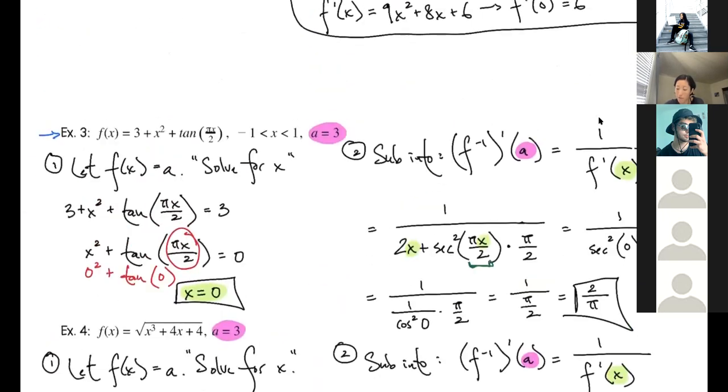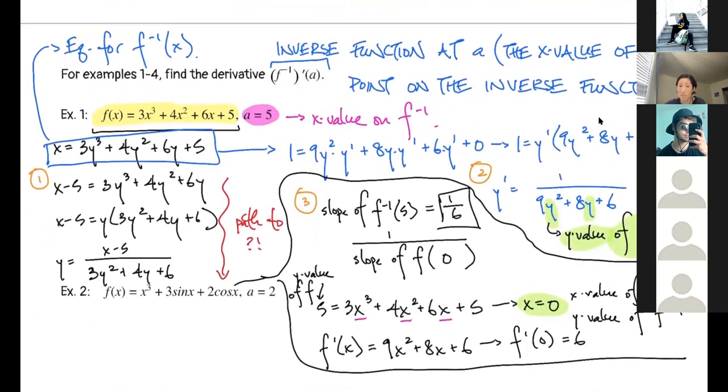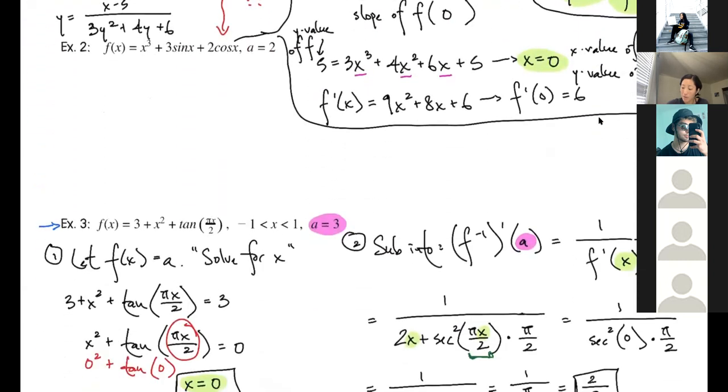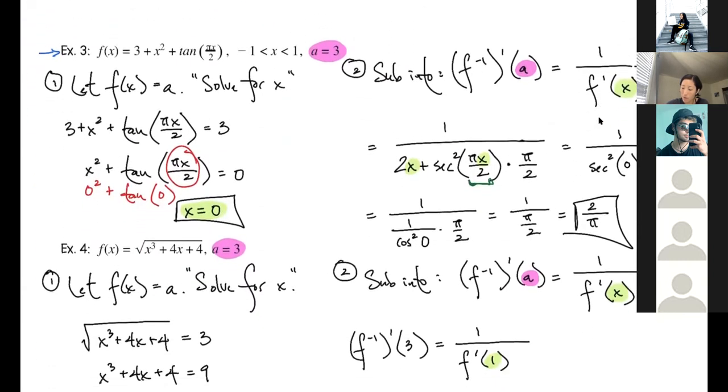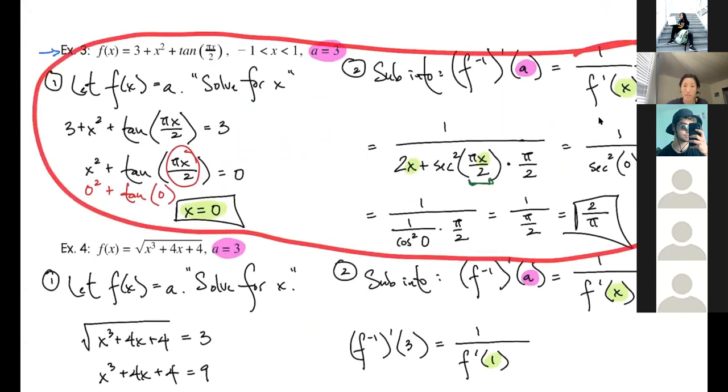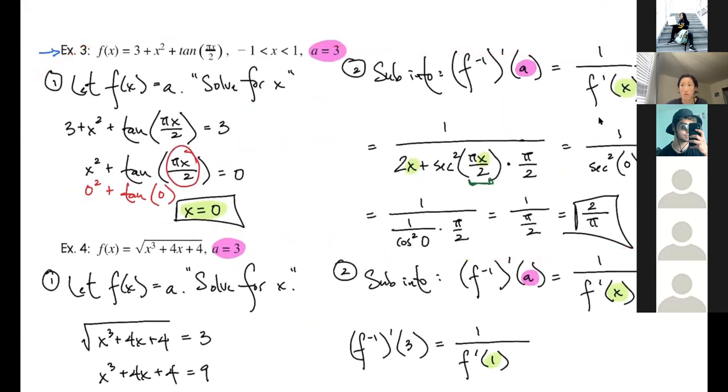Now, if you were feeling overwhelmed by specifically our work in example number 1 over here, if you're like, I just don't understand the conversation, I would ask you to focus more on this 2-step process that we did for example 3 and example 4.